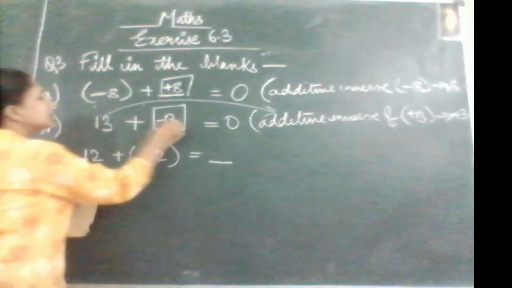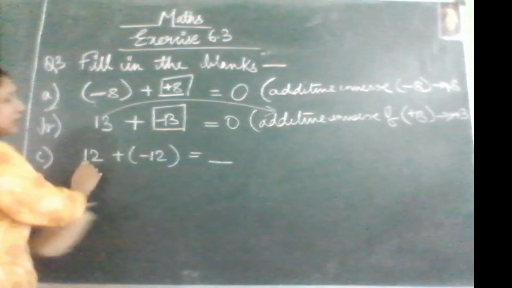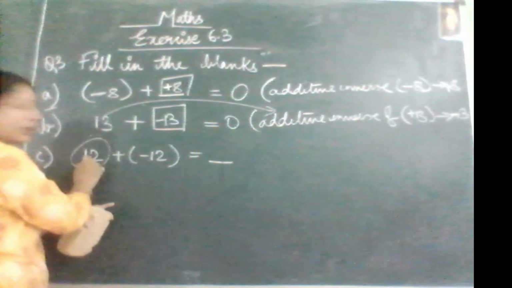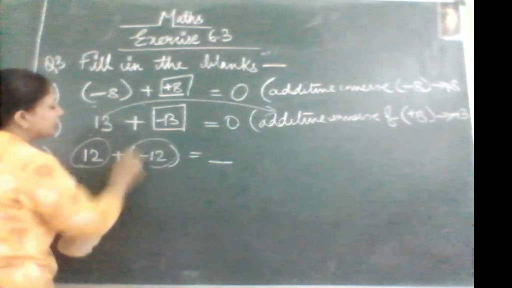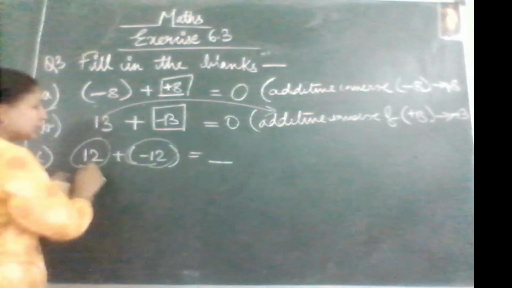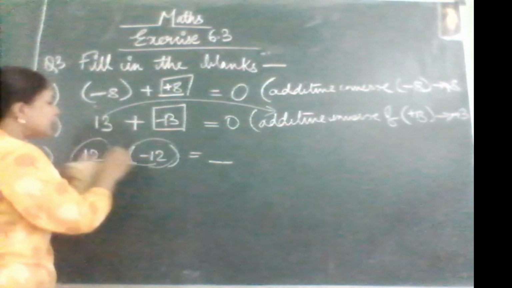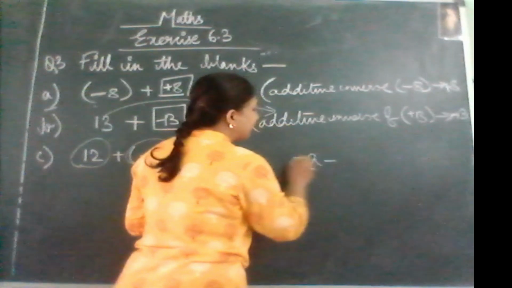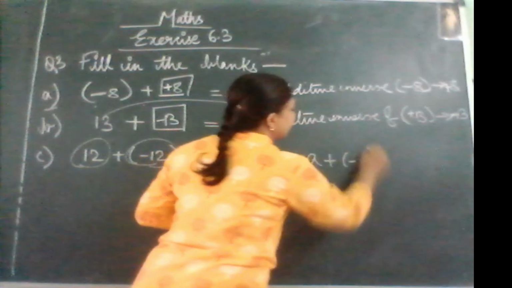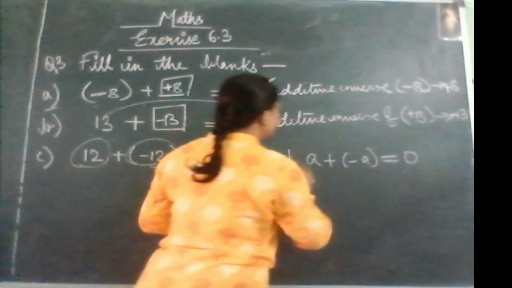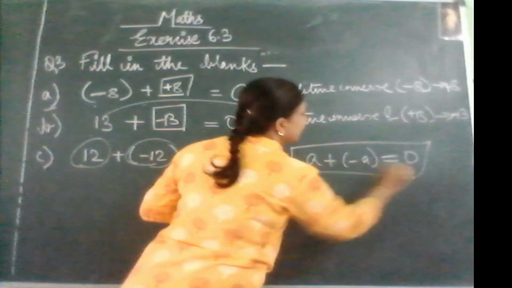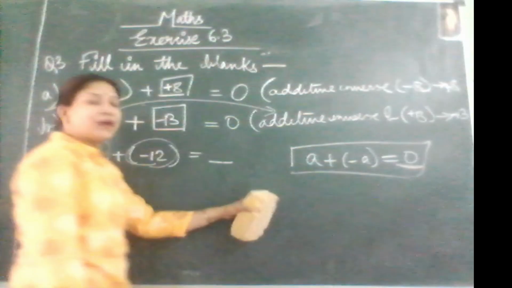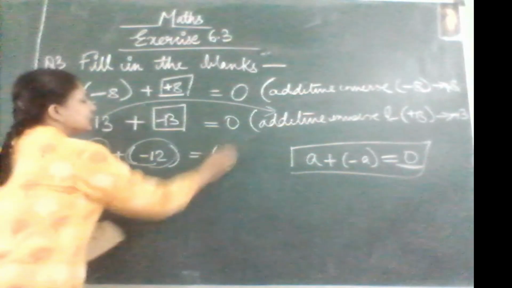So here the answer is minus 13. Now see here, this is one number and here the same number with change in sign, that is additive identity plus additive inverse. So I have discussed with you additive identity plus additive inverse. What will you do? What will you get? You will get 0 as the answer. So here the answer is 0.